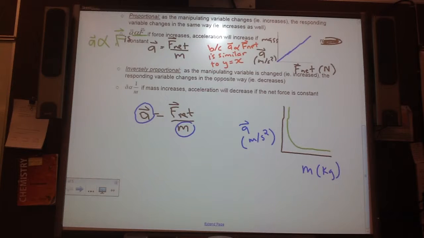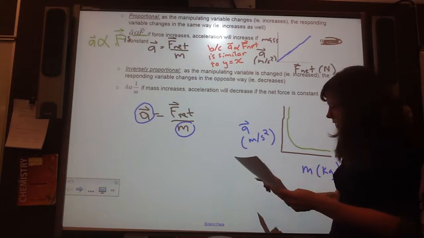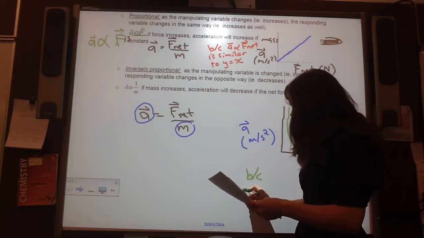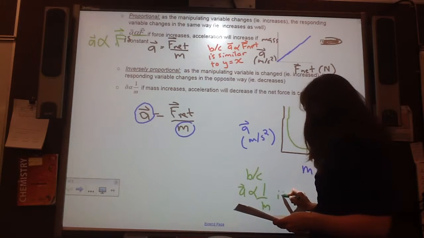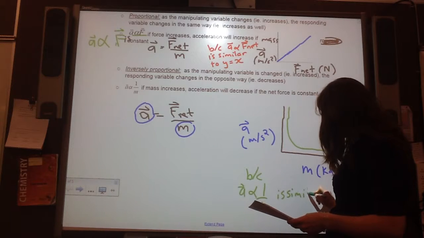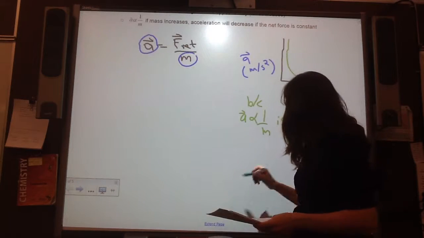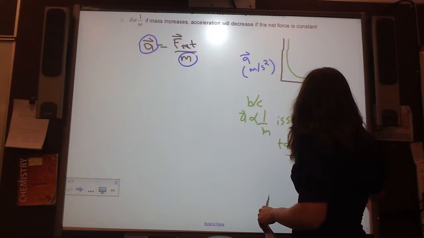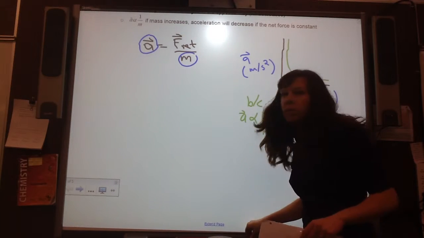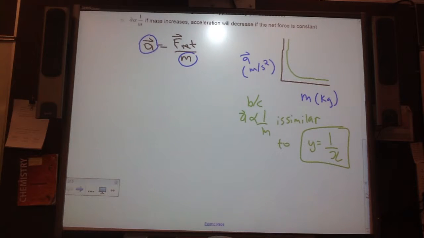You still have to pay attention. Very important. Okay, so A being inversely proportional to M is similar to y equals 1 over x. Okay, and that's an inversely proportional relationship.